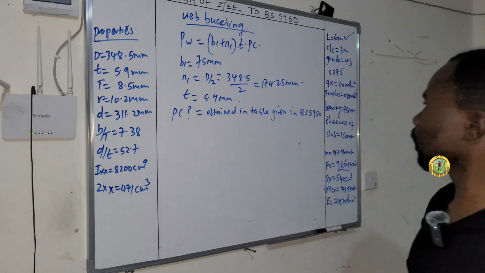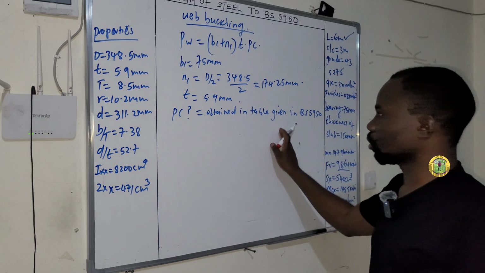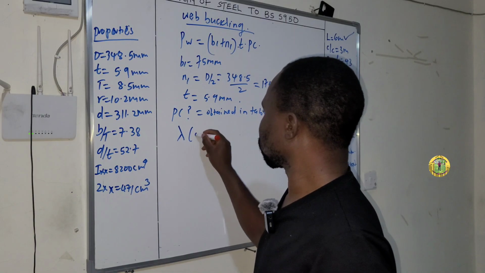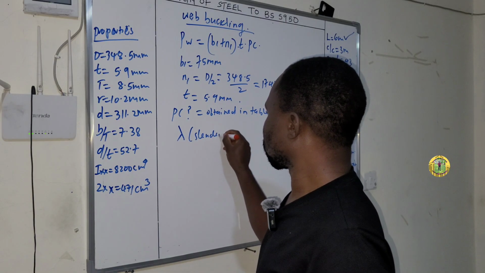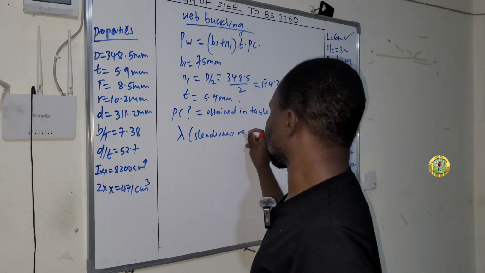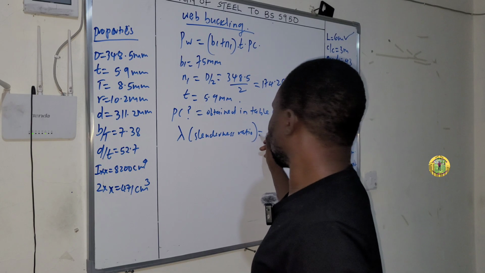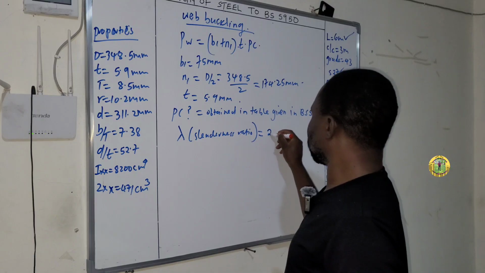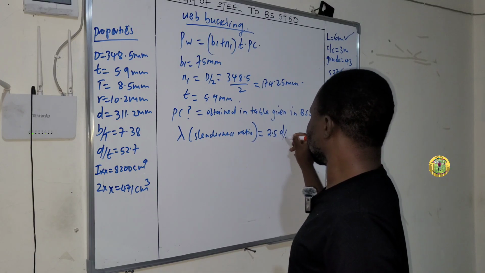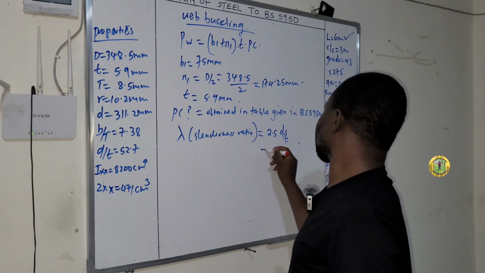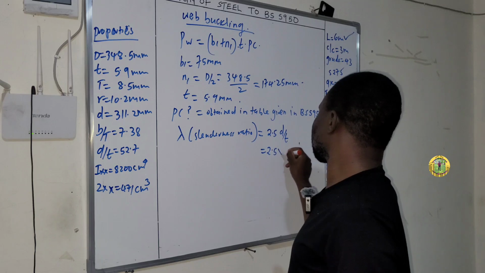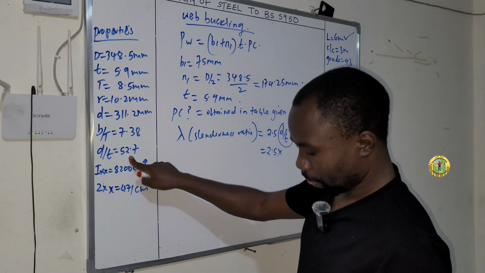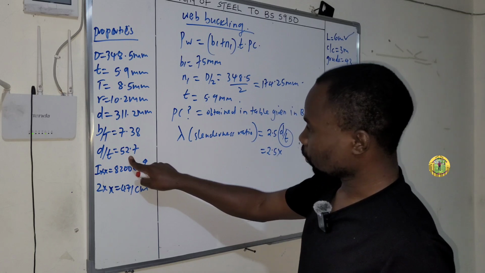And for you to enter into this table, you will need the slenderness ratio, which is equal to 2.5 D over T. So this one is equal to 2.5 times D over T. D over T is here, 52.7.